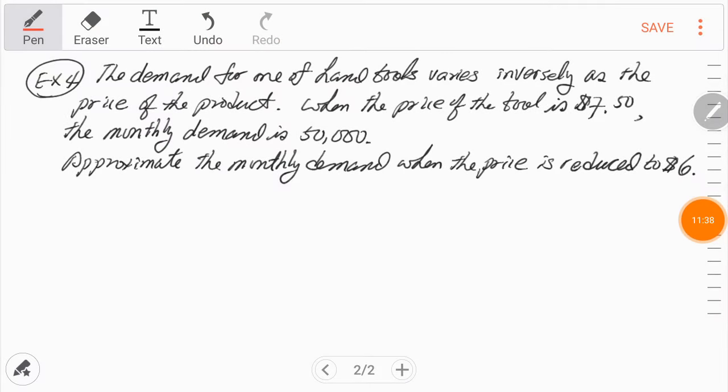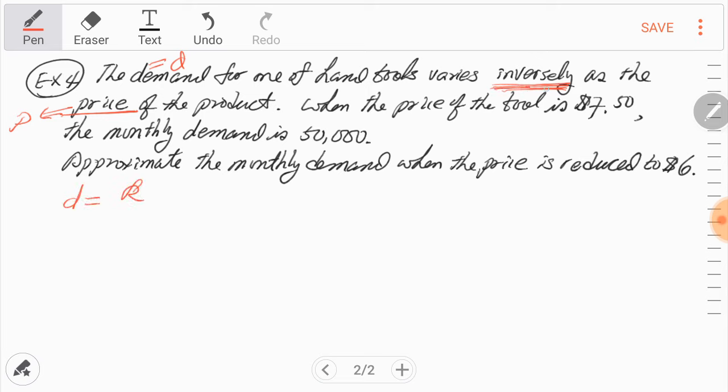Okay, this example is about inverse variation because the demand for one of the hand tools varies inversely. So this is inverse variation. Let's say the demand is D, and it varies inversely as the price of the product. Let's say price is P. So we can write an equation that the demand D is equal to k, inverse variation.